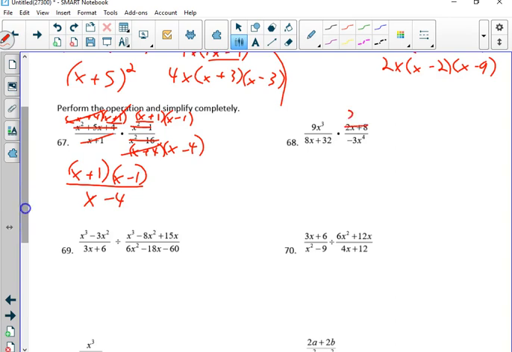Okay, I'm going to pull a 2 out of here and get x plus 4. I'm going to pull an 8 out of here and get x plus 4, which is going to cancel. In fact, I can cancel right now. Now this negative 3 can go into this 9 negative 3 times. X cubed can cancel with 3 of those. Now when you're doing this, be careful to check carefully every single section to see what's left over.